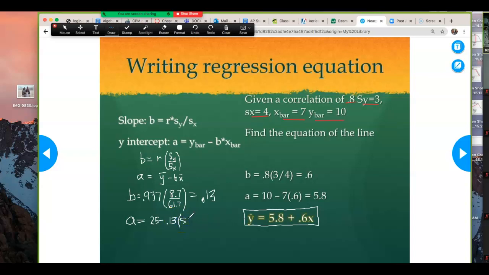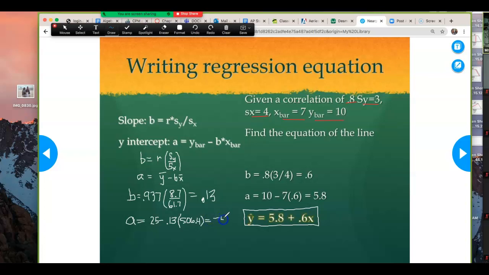And then we go backwards to find the y-intercept. This is a mathematical thing. So I could just punch it in just like that: 25, take away 0.13 times 506.4. Negative 40.8. So it's off slightly again. It was negative 40.2 or negative 40.1.